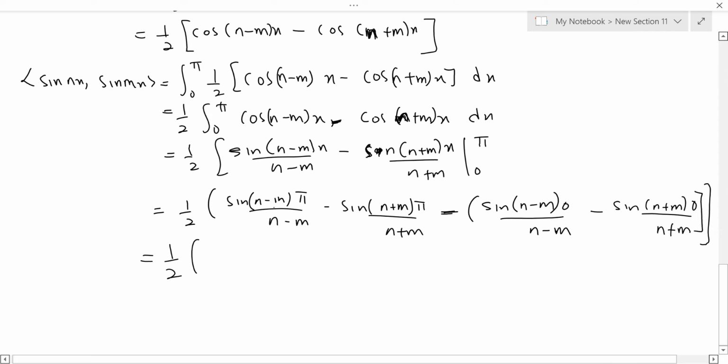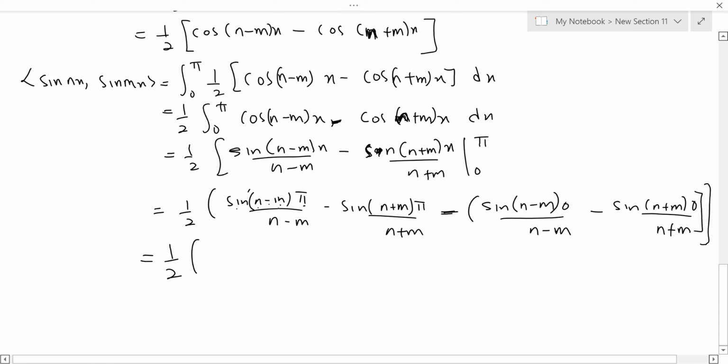Now at this point, this is sine(n minus m)pi. You see, n minus m is a constant. We don't care what it is. If you use a constant to multiply pi, you get something in terms of pi, and sine pi is 0. You understand? Sine pi is 0. So any constant multiplying pi still gives you 0.